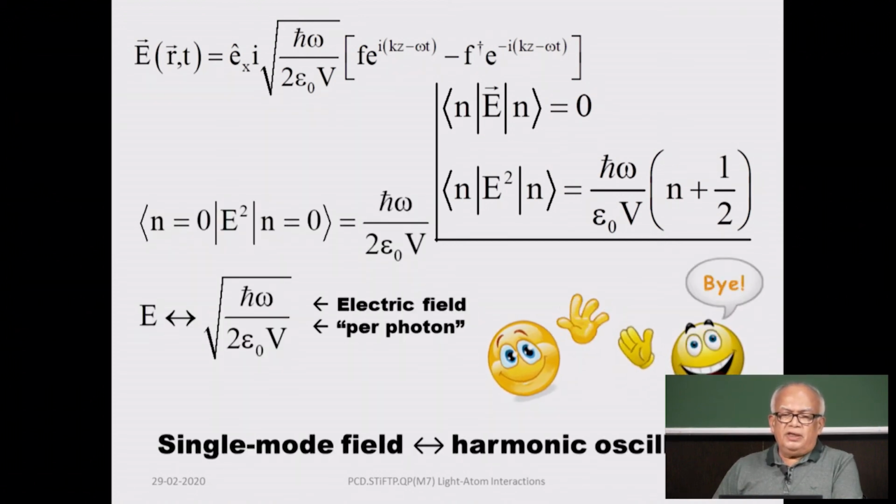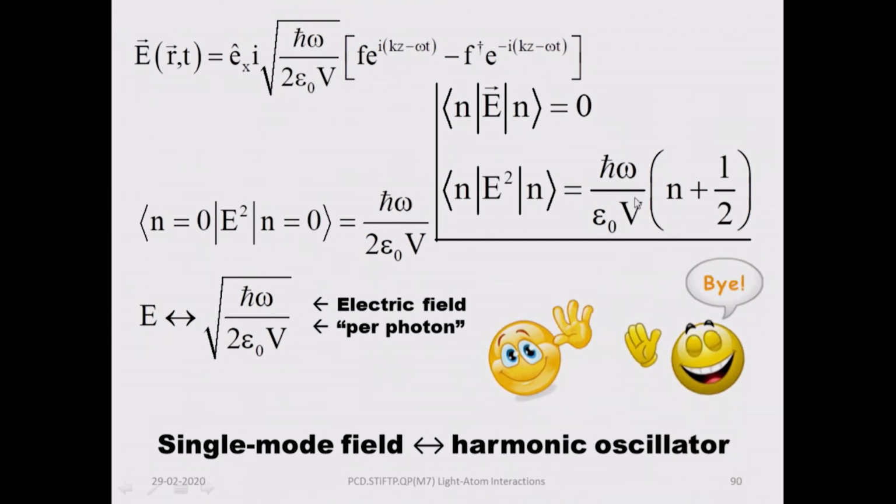So, notice that if you consider E square to be given by this, the electric intensity itself would in a certain sense be given by the square root of this. And for vacuum, for n equal to 0, there will be a factor of half, okay. So, you have got half h cross omega over epsilon 0 V, and this will be the electric field per photon. And what you can do is exploit the fact that the volume V comes in the denominator.